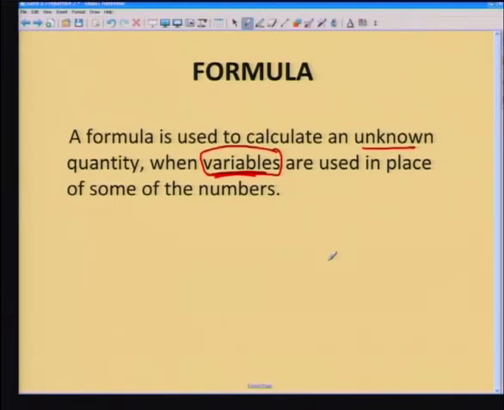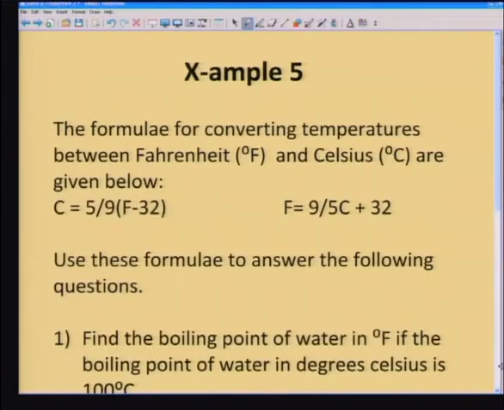So some of the formulae that we will use will be used in this example, example 5, where we are going to try and convert between Fahrenheit and Celsius. And this is just a typical formula type of example, and most of your work here, besides your actual substitution, is going to be done on a calculator.